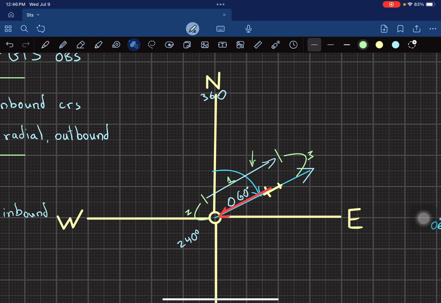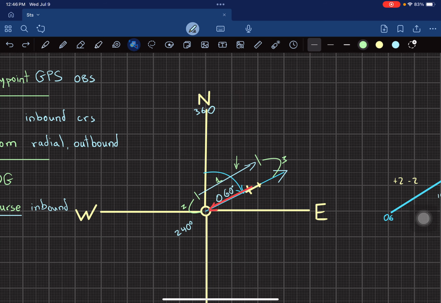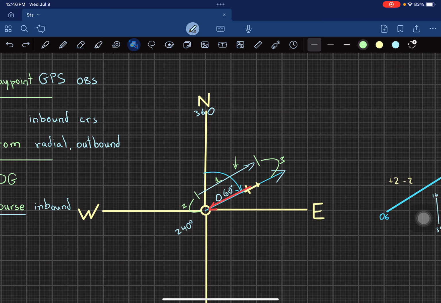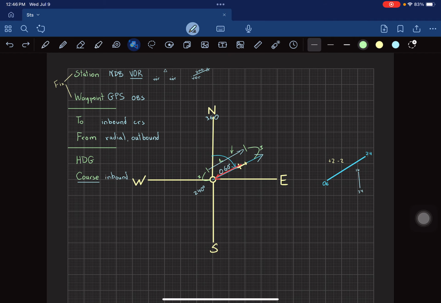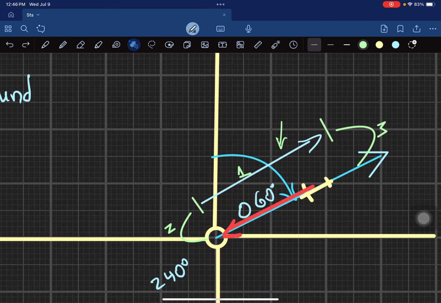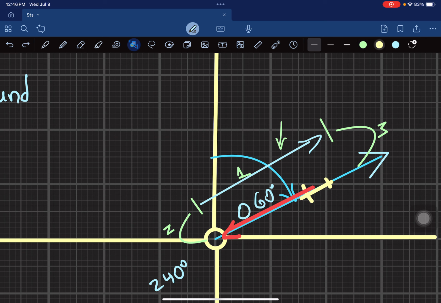Now, in the fourth leg, you don't need to keep a wind correction because you will be using a crab angle as you track the needle and keep it centered. So that's the difference between an inbound course and an outbound heading.